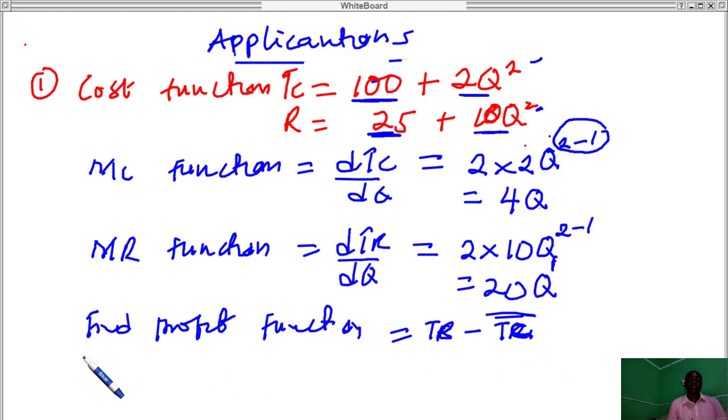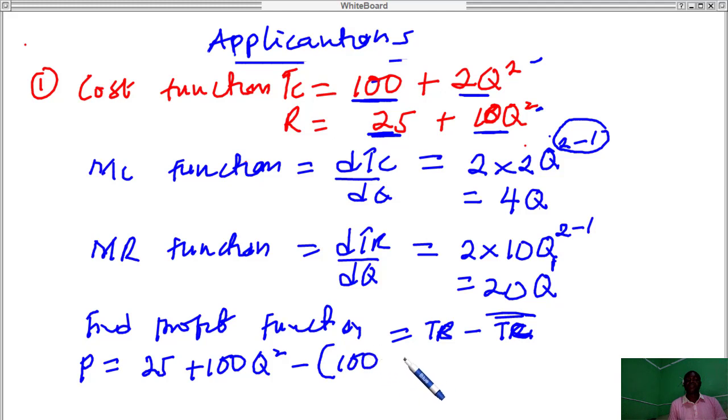So profit will be equal to total revenue, 25 plus 10Q squared, minus, you put a bracket here, total cost, which is 100 plus 2Q squared. Then you group them.